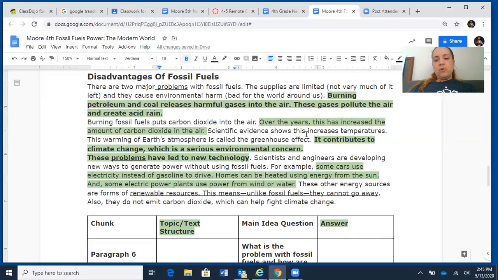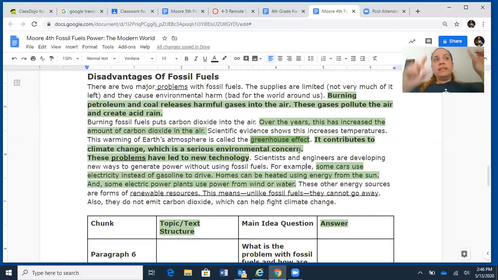Scientific evidence shows this increase in temperatures. This warming of the Earth's atmosphere is called the greenhouse effect. Oh, that's probably important. Let me highlight that. The greenhouse effect. It contributes to climate change, which is a serious environmental concern.